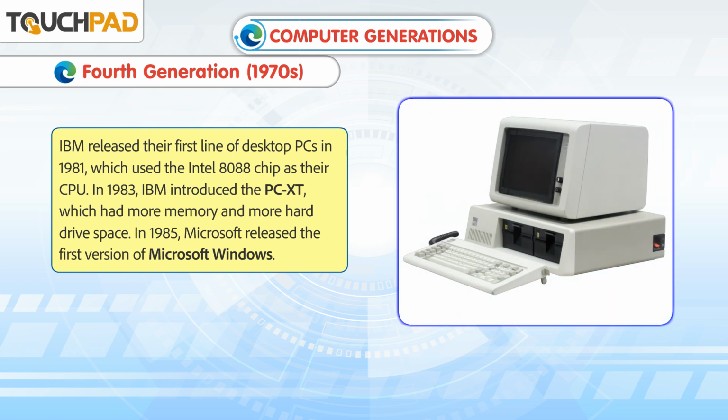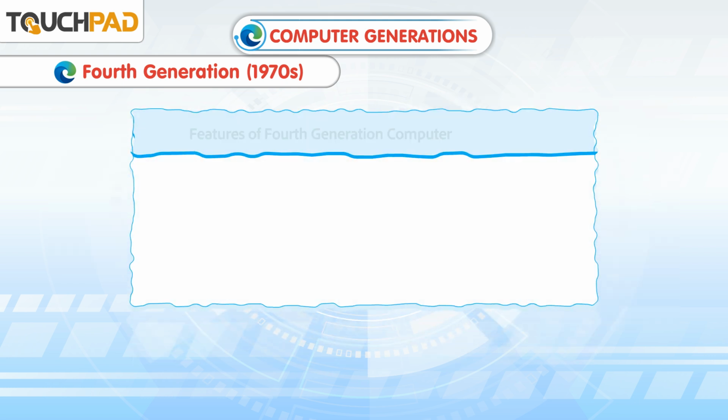IBM released their first line of desktop PCs in 1981, which used the Intel 8088 chip as their CPU. In 1983, IBM introduced the PC XT, which had more memory and more hard drive space. In 1985, Microsoft released the first version of Microsoft Windows.